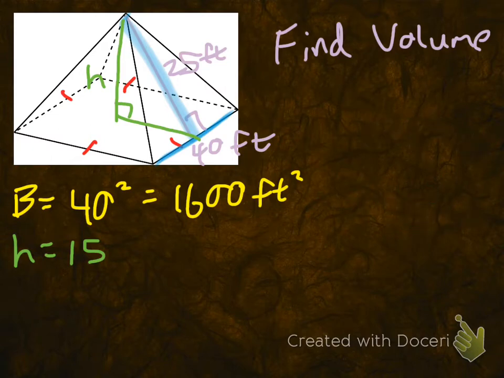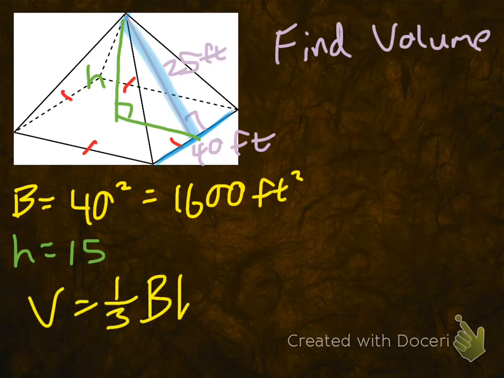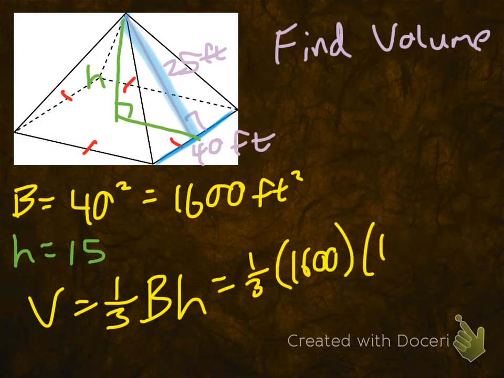Now, to find the volume, we just plug this in. We have 1/3 the area of the base times the height, which is 1/3 of 1,600 times the height is 15. Now, some students don't like to use fractions, so when they multiply this, they get 1,600 over 3, and they get confused.